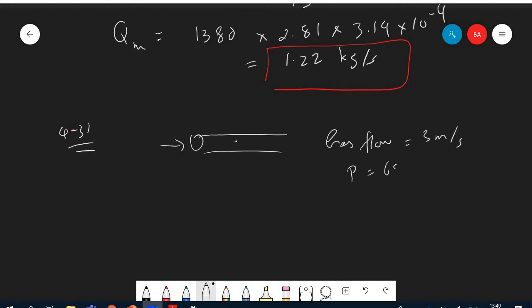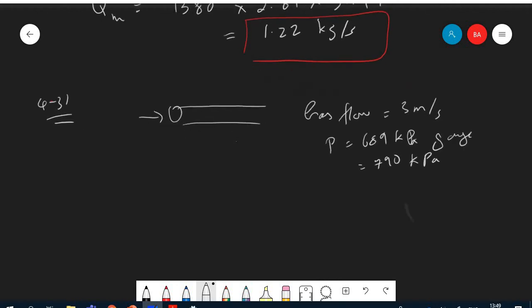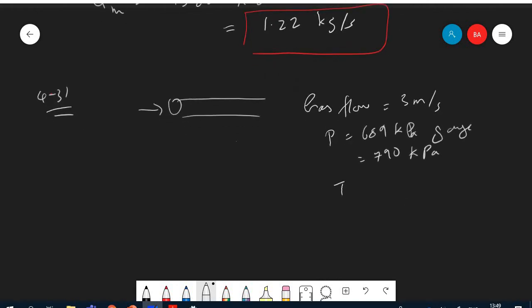The pressure is 689 kilopascal gauge, and that is about 790 kilopascal if I put it into P terms. And the temperature is 25 degrees, which is about 298 Kelvin, and the molecular weight is 44.